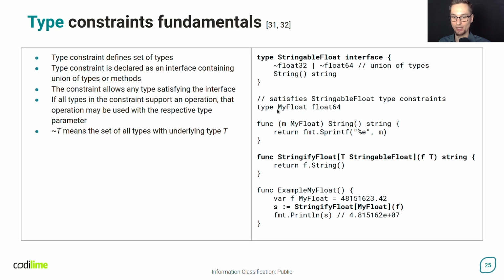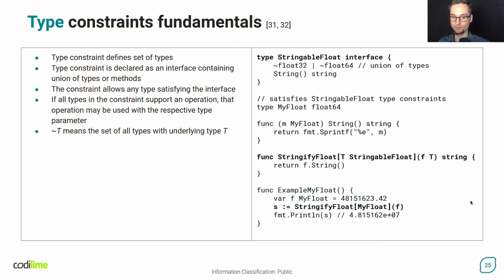So myFloat has underlying type float64, so it is allowed by this constraint. And below we have a defined function and usage that proves that myFloat is allowed by this constraint. So we have a simple generic function stringify float, which takes argument f of type T, and type parameter T has a constraint stringable float. And we can use this function with an element of type myFloat.